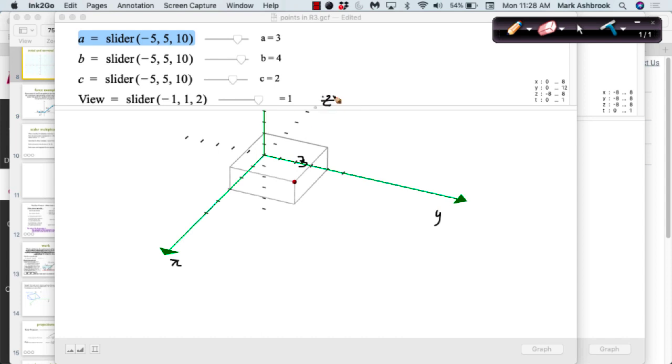Okay, how far is it to the z-axis? How far is that point to the z-axis? So that would be the distance from here to here. See that? That distance right there is how far that point is to the z-axis. So what was this?